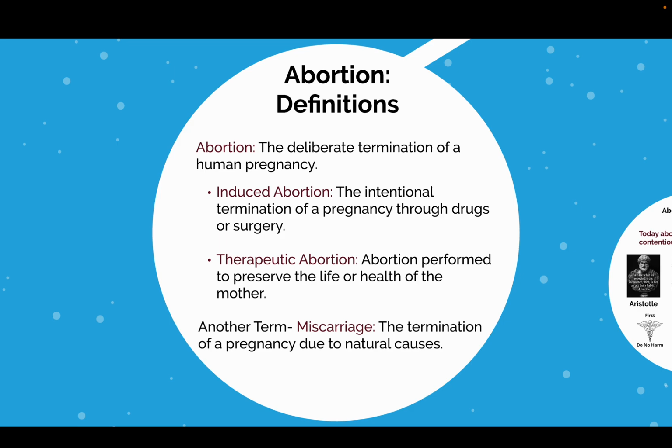And so miscarriages fall outside of the abortion definition, although, as we'll see in recent debates throughout the last couple of years, which I thought was interesting, miscarriages can sometimes be mischaracterized as a type of abortion. And that can lead to some contentious discussions concerning policy. And so we want to make sure that these are distinct, that we have induced abortion, therapeutic abortions, and then we have miscarriages as a separate category.